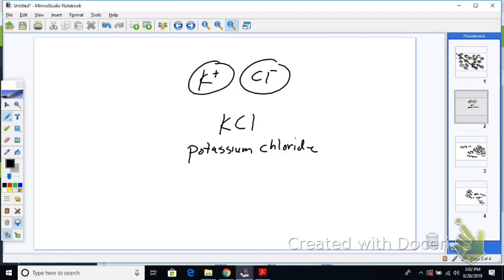So this chlorine here is called chloride. Okay? And this chlorine is called chlorine. So this one's neutral. It's called whatever it is on the periodic table. This one has a charge, so we have to differentiate between the charges of our monoatomic ions.